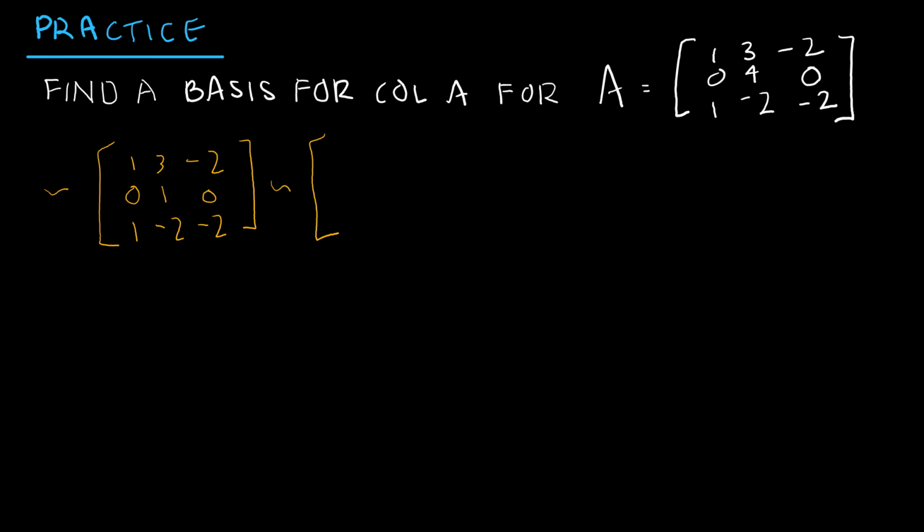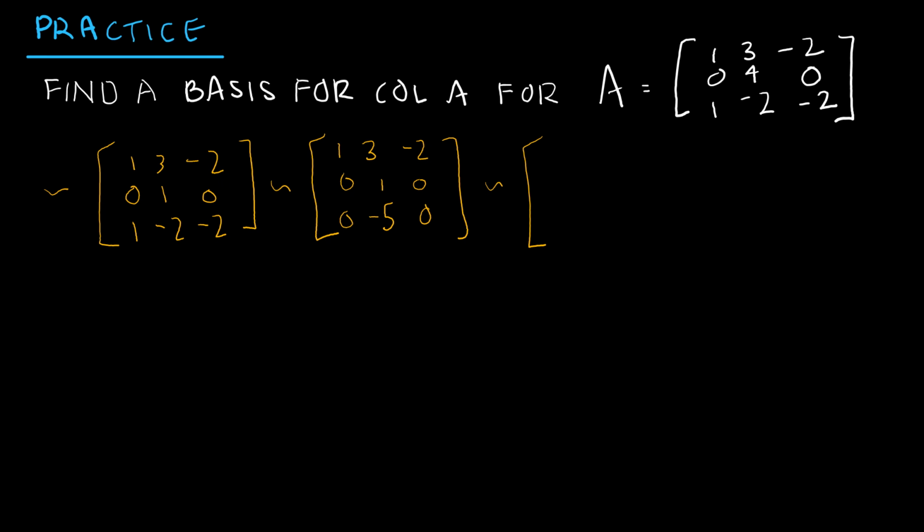Now I'm going to take -1 times my first row and add it to my third row. I'm going to leave that second row exactly as it is. My third row, I'm going to take -1 times 1 and add it to 1. -1 times 3 to get -3 and add it to -2. -1 times -2 to get +2, add it to -2 to get 0.